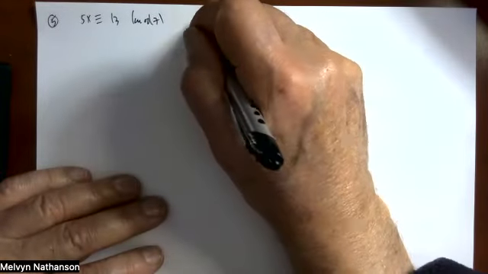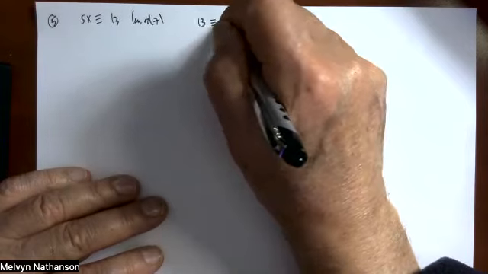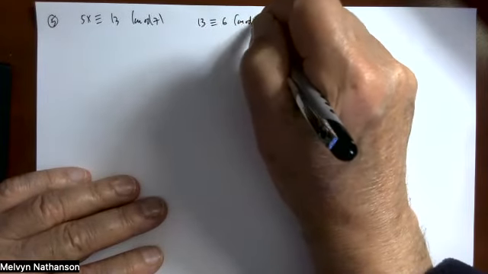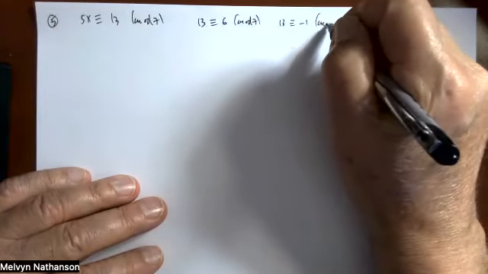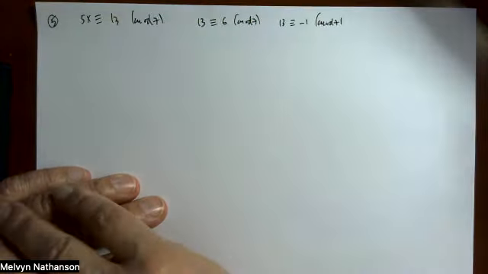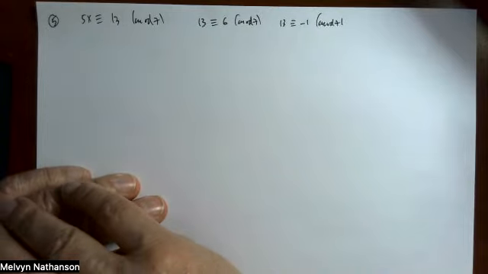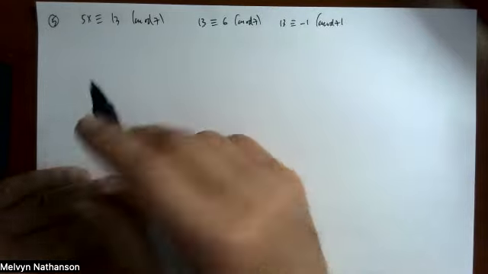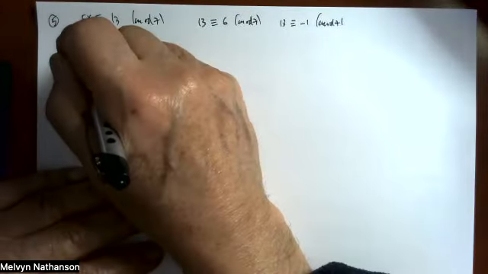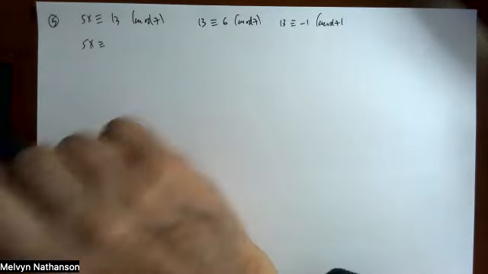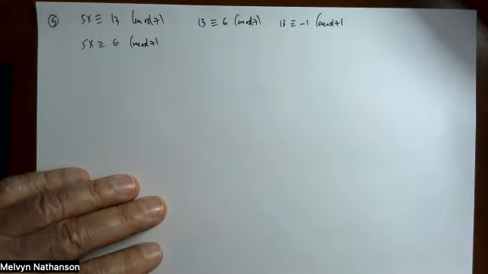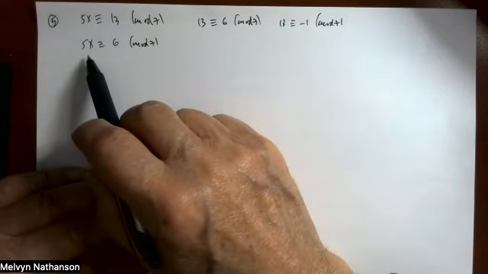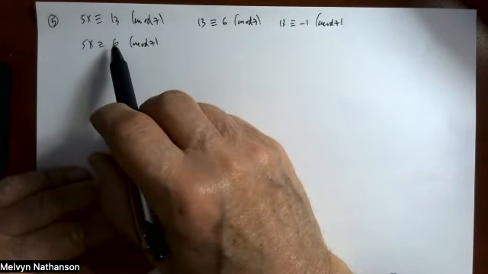We can observe, for example, that 13 is congruent to 6 mod 7, or that 13 is congruent to minus 1 mod 7. So we could rewrite this congruence in either form. For example, 5x congruent to 6 mod 7. That means we want to find all integers x such that 5 times x minus 6 is divisible by 7.